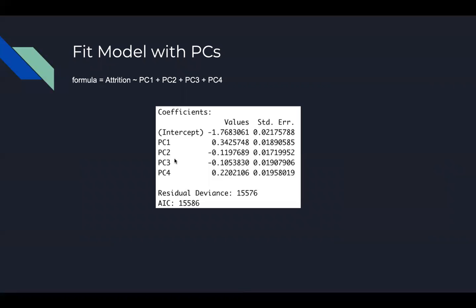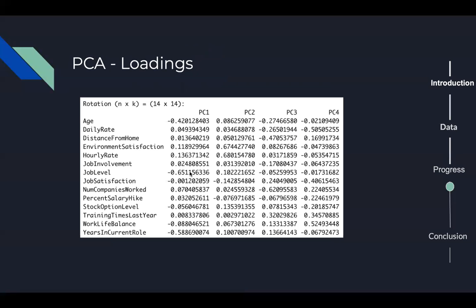Very clearly, we can see PC1 is positively correlated with attrition and PC2 negatively, and so on. So we can go back to the correlation with all these variables. We can easily come to some general summary.